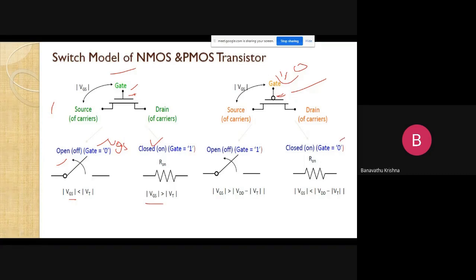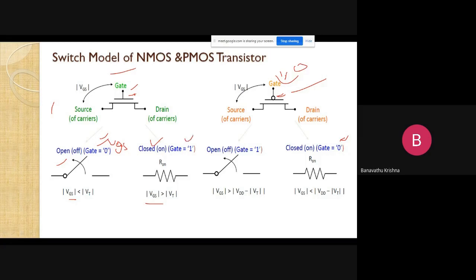When 0 is applied at the gate, the P channel is on, whereas when 1 is applied at the gate, the P channel is off. Let us compare these two devices. At gate 0, the N channel is off and the P channel is on.